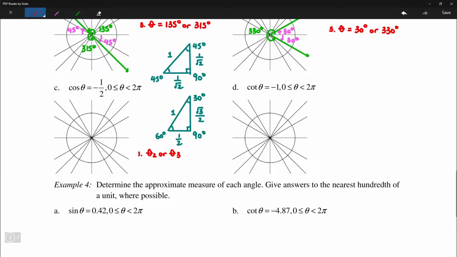So notice that in this example and the next, we are working in radians. So therefore, we should list our reference angle in radians in this case. We're looking for cosine, again adjacent over hypotenuse, to be 1/2. So the reference angle must be 60 degrees or pi over 3.